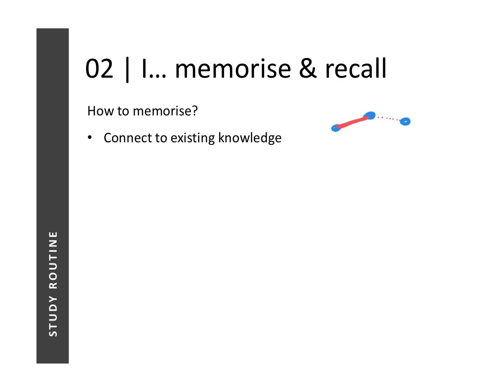So by connecting whatever you're trying to memorize to something that you already know, it's much easier than if you were to try to memorize it as a standalone piece of information.